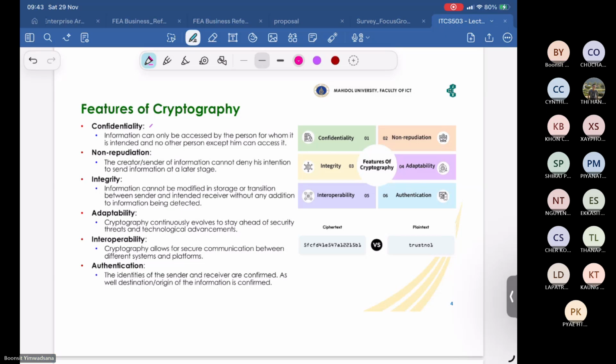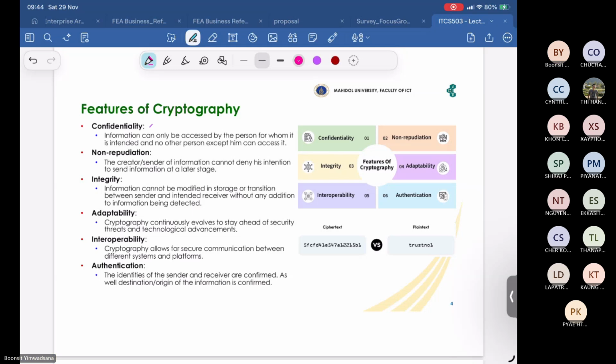Integrity. If someone modifies the message during transit, the message cannot or have a high chance of not being able to decrypt it at all, or can be decrypted, but the message is not human readable.